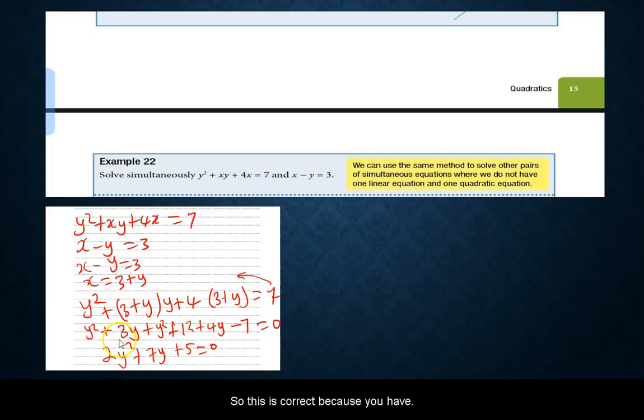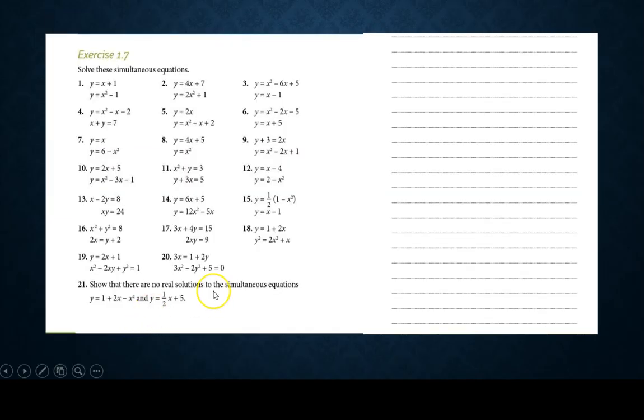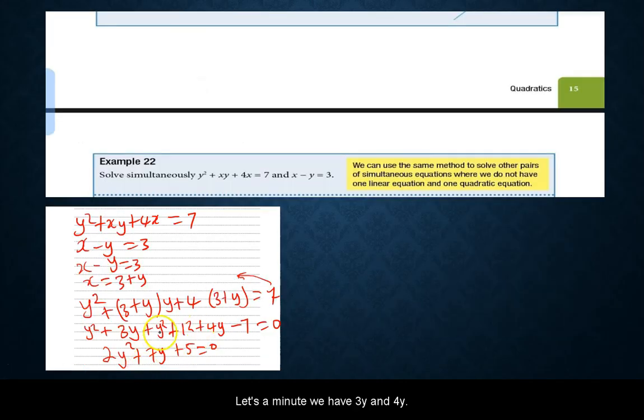So this is correct because we have 3y and 4y, so this gives us 7y. We have y squared, you get 2y squared, then plus 5, that is 12 minus 7, so that is equal to 0.